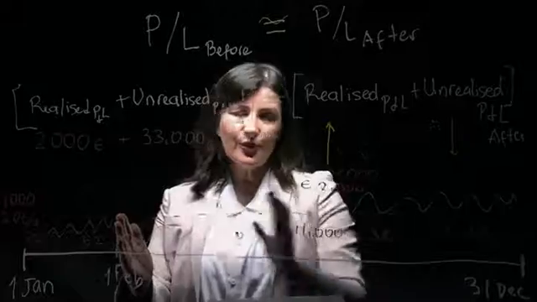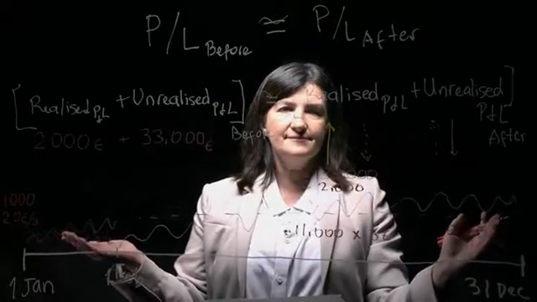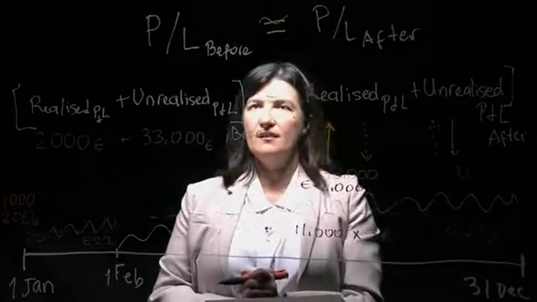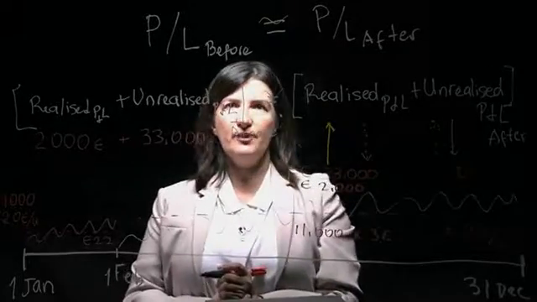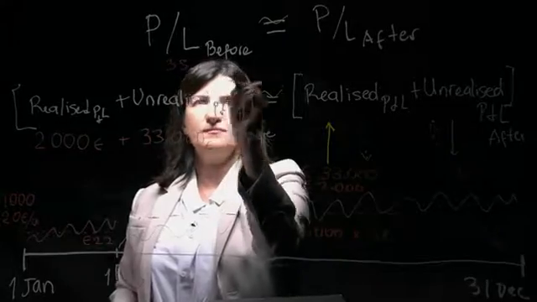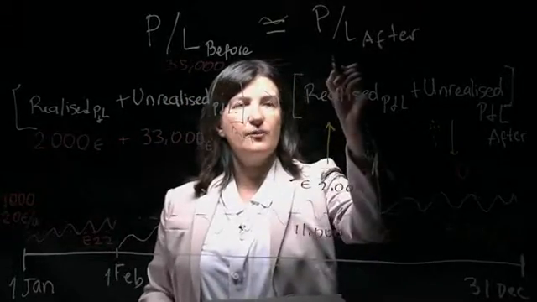Now, because there is no more gas to be delivered, there are no more profits to be made. So the unrealized P&L is 0. This is what our equation says. Our P&L before the compression, 35,000, is equal to our profit and loss after the compression.